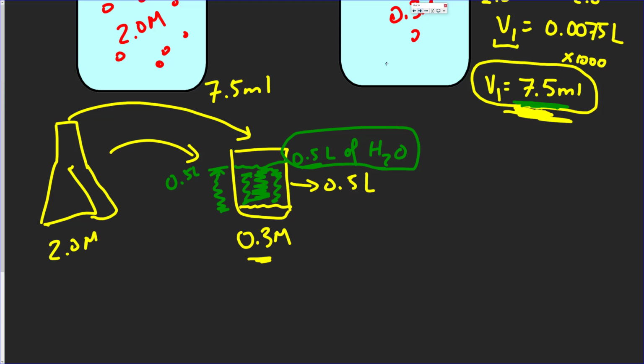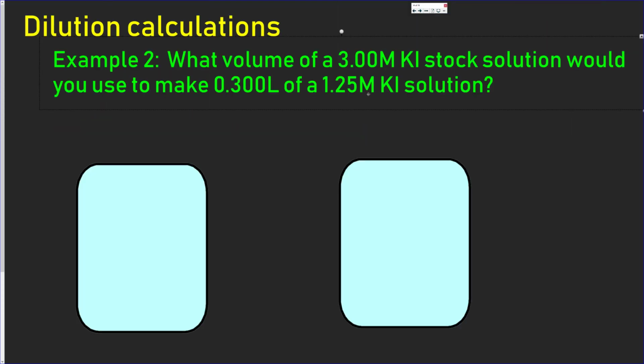Let's look at the second one. The second one is: what volume of a 3.0 molarity potassium iodide stock solution would you use to make 0.3 liters of 1.25 molar? So it's very easy to get into writing the math here, right? M1V1 is equal to M2V2.